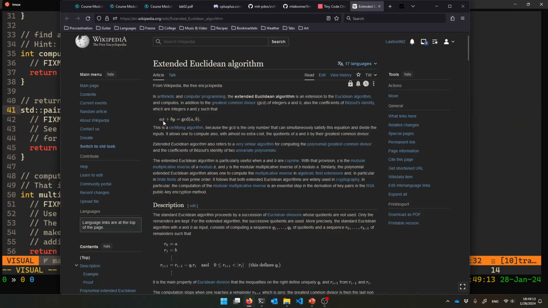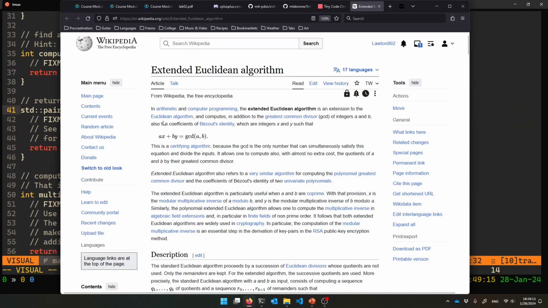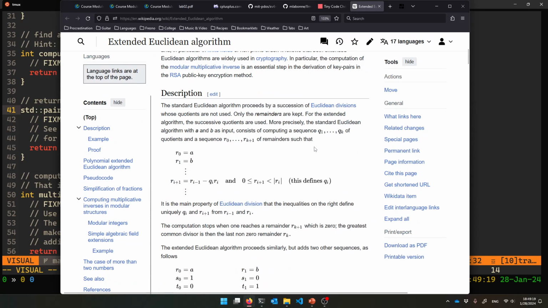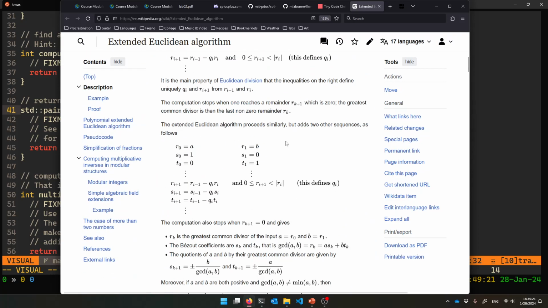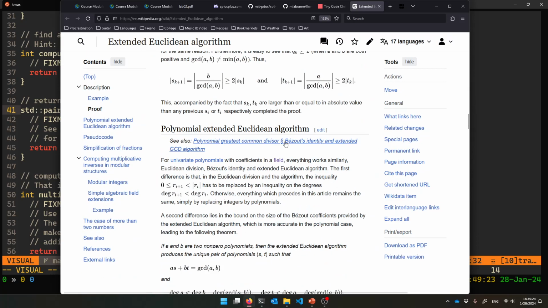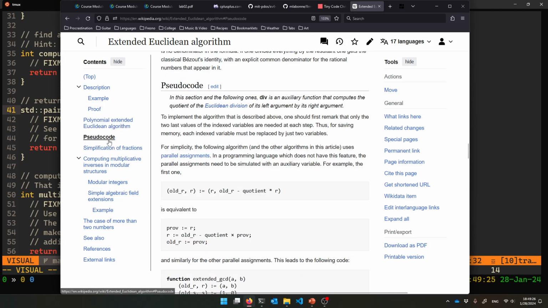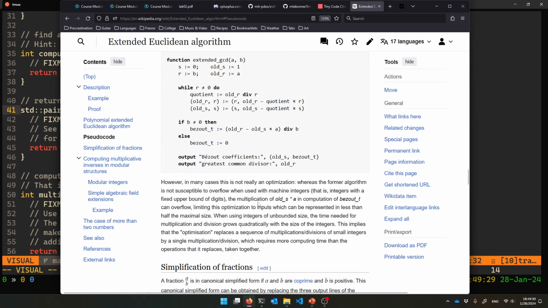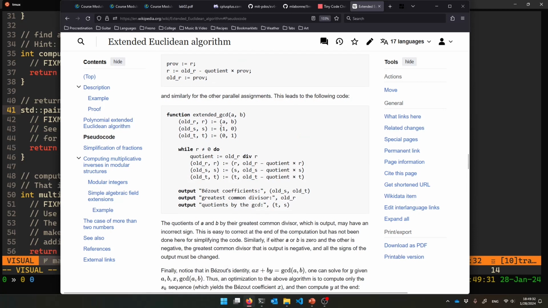And what I recommend, if I zoom in here, is to implement the following. Here's the pseudocode section. What you want to do is implement one of these, like extended GCD, this one, or extended GCD, this one.